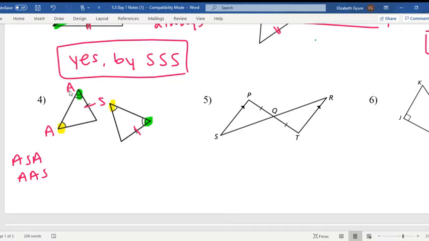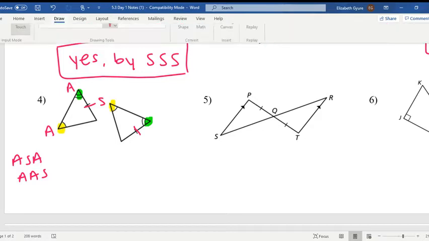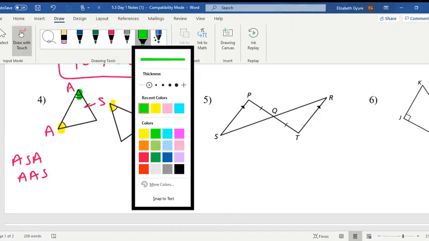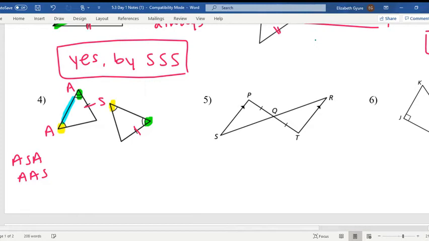Is it connecting the 2 congruent angles or not? I agree, Gannon. It is not connecting. The side that connects them is this one. I don't know anything about that side. This side is not connecting them.